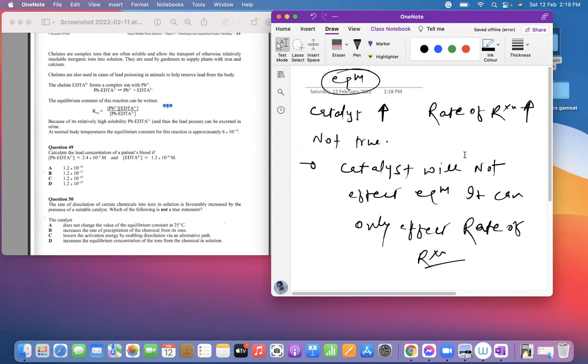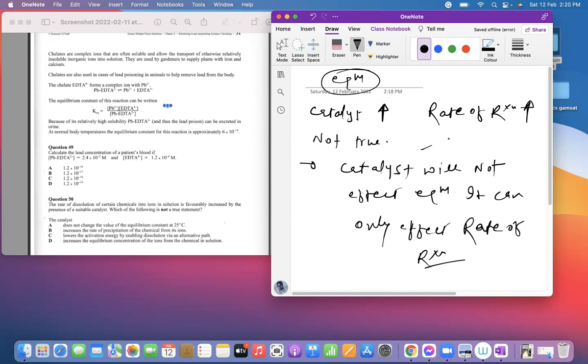Now the second point: increase the rate of precipitation of a chemical from its ions. It is talking about increasing the rate of reaction, so the second statement is also true. Now the third one: lowers the activation energy by enabling the solution via an alternative path. This is the concept of activation energy and rate of reaction, which I will discuss in kinetics, because activation energy is related to kinetics.